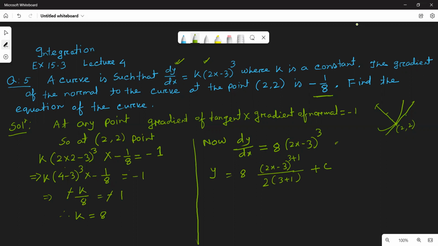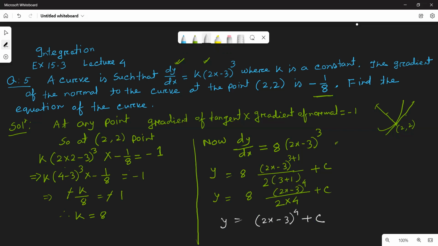So finally we get y equals, here it is 8, below side 2 into 4, upper side (2x minus 3) to the power 4, plus c. Now if we cancel 8 with the 8 below, we finally get y equals (2x minus 3)^4 plus c.